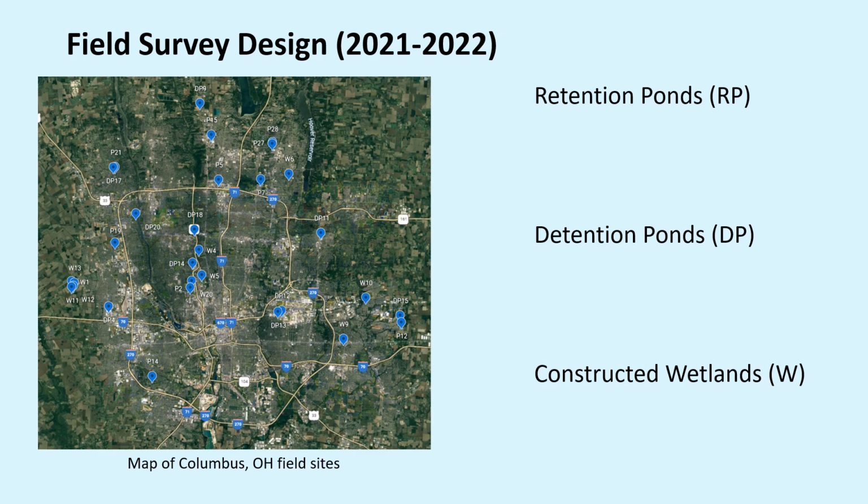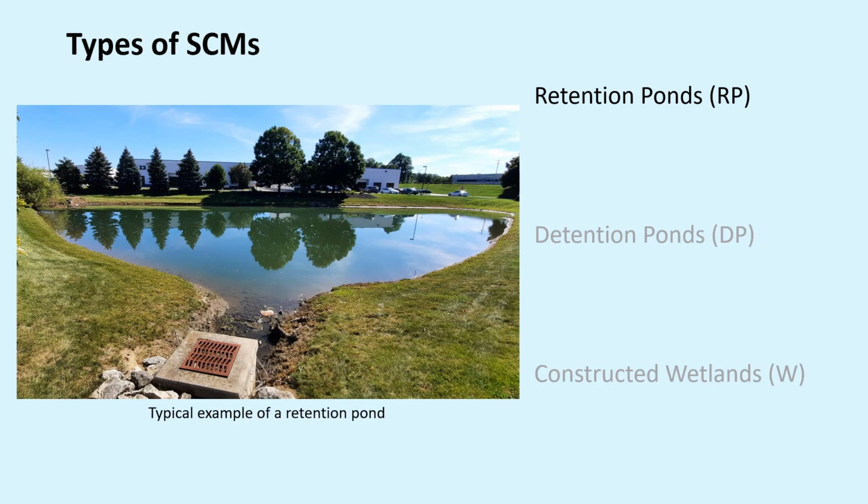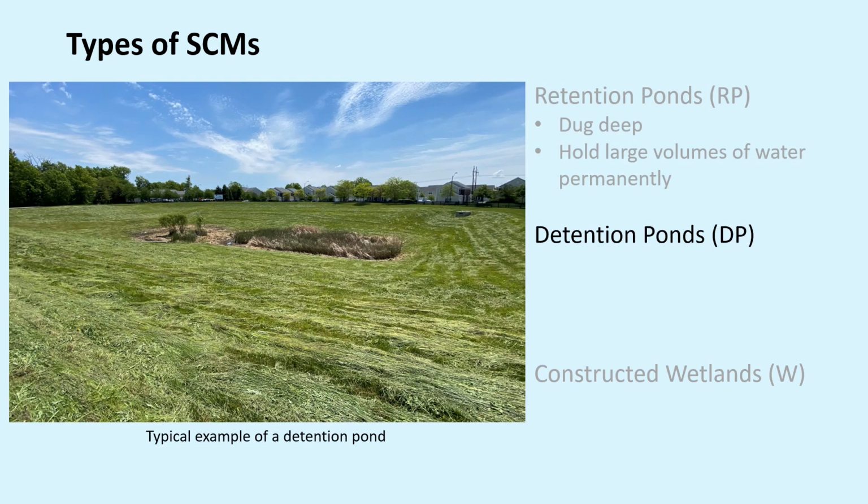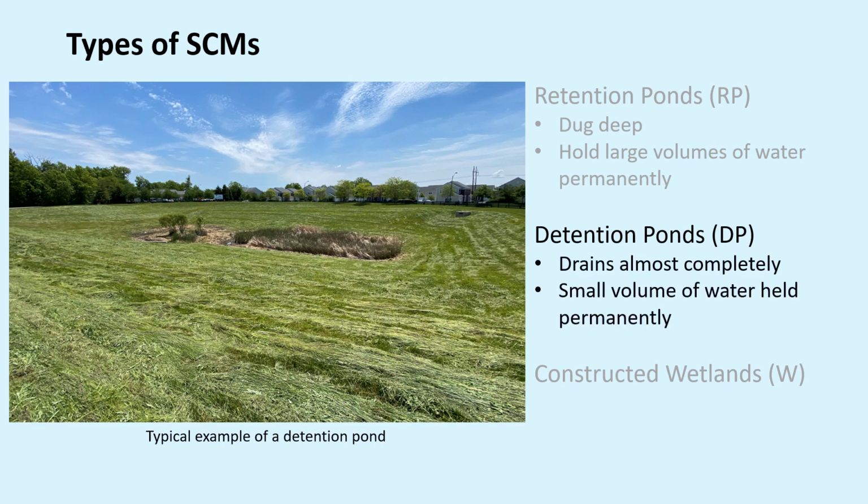Just to go over these very briefly, retention ponds are your typical pond that you would think of. These are usually dug pretty deep and because of this usually hold a large volume of water permanently. Detention ponds are similar to retention ponds, however these typically drain almost completely over time, and they usually only hold a small volume of water around the inlet and around the outlet.